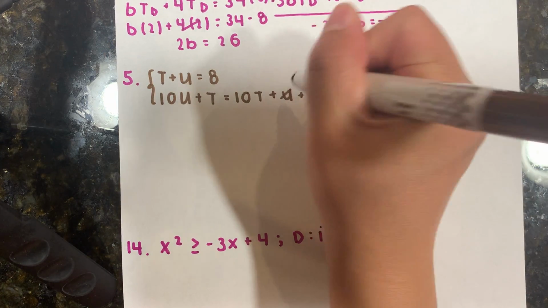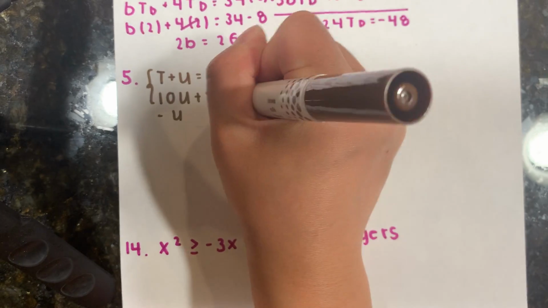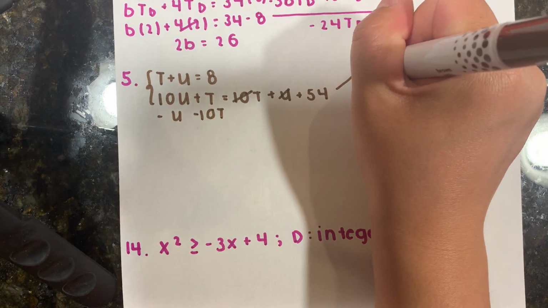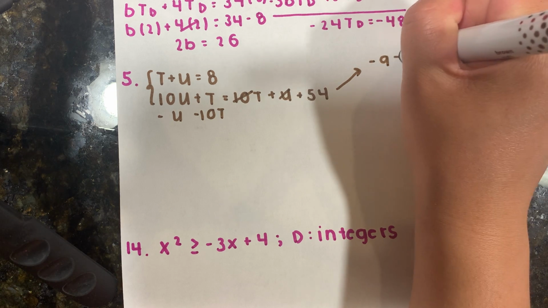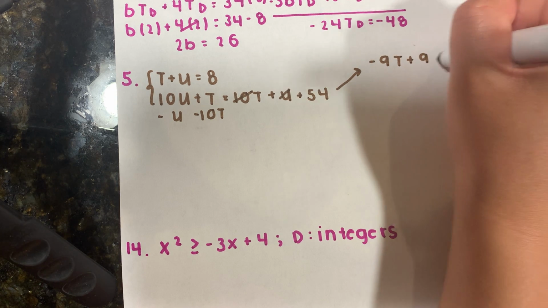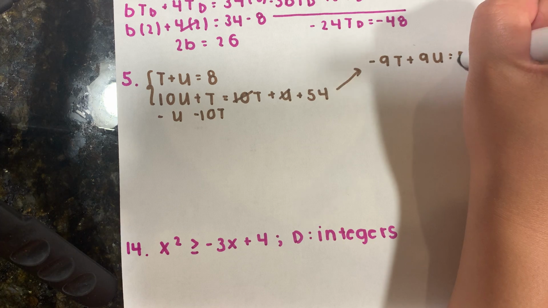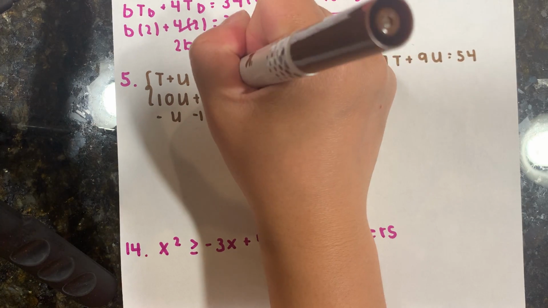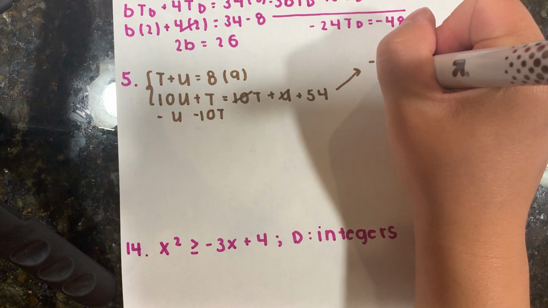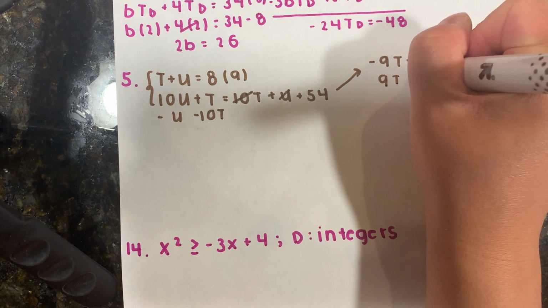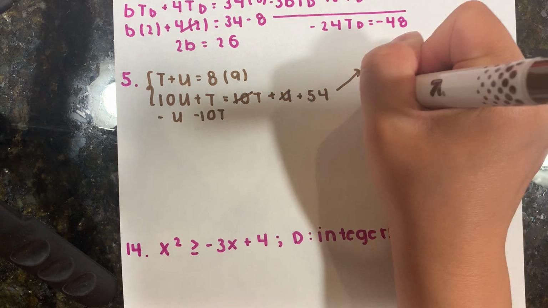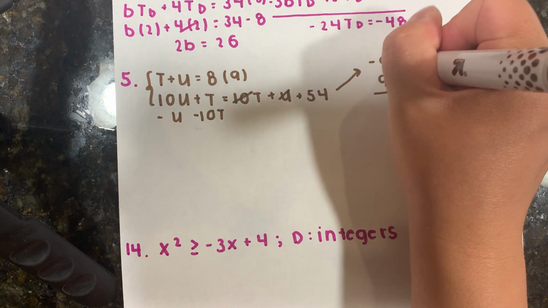Now what I would do is move the u over, move the t over, so you should end up with -9t plus 9u is equal to 54. I'm going to do elimination by multiplying this equation by 9, which would be positive 9t plus 9u equals 72. So our t's would cancel.